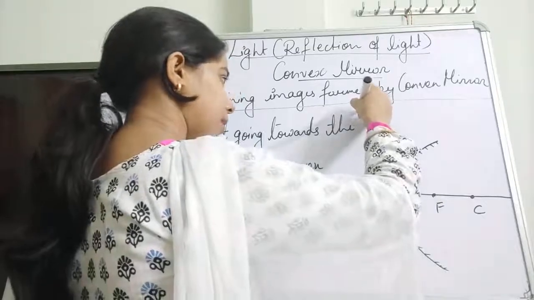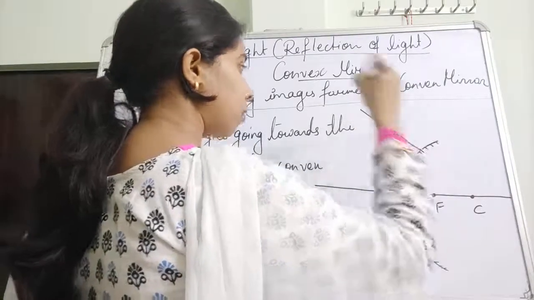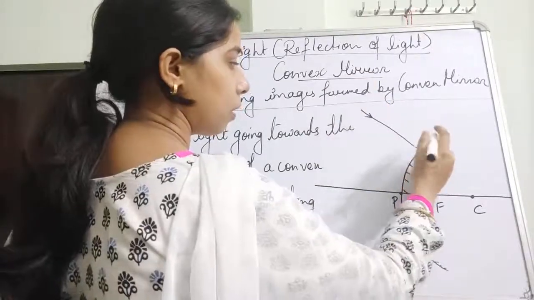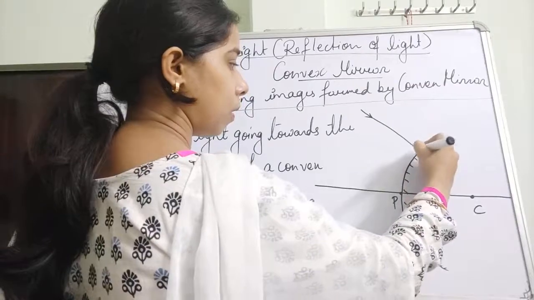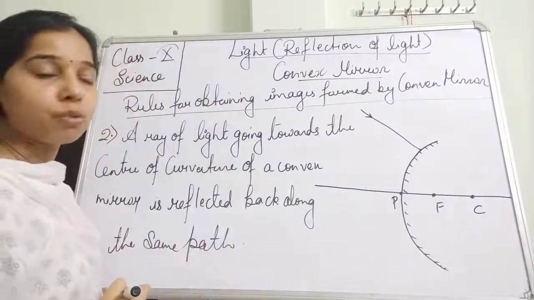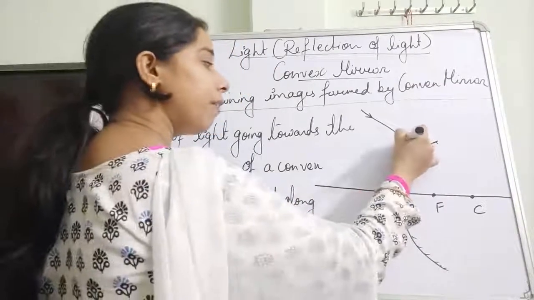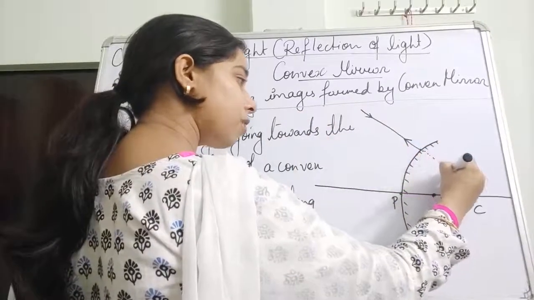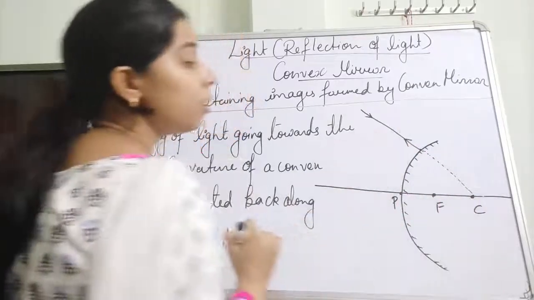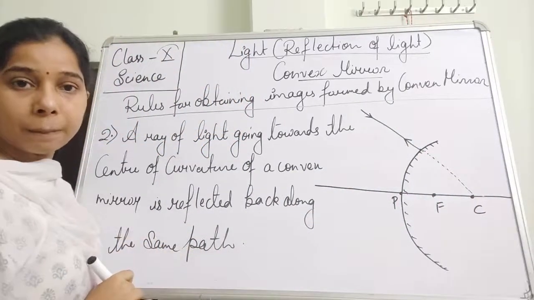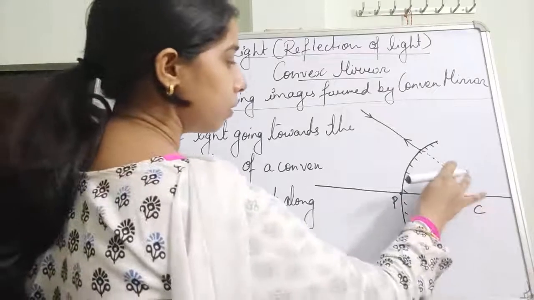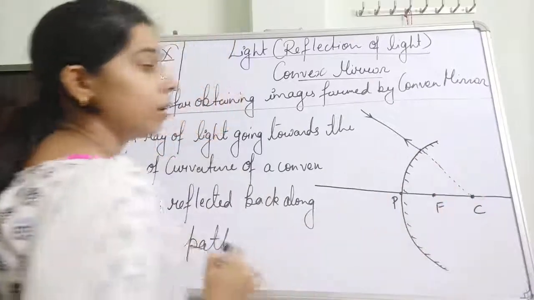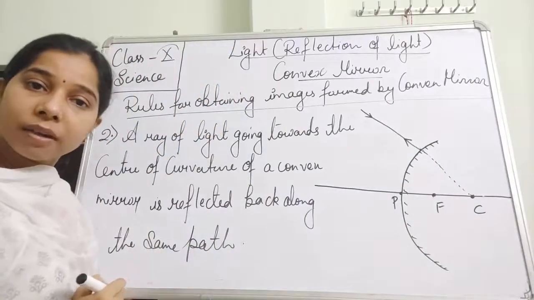A ray of light is falling on the surface like this, students, and then what happens? It gets reflected back. But it appears that it is coming through the center of curvature again.